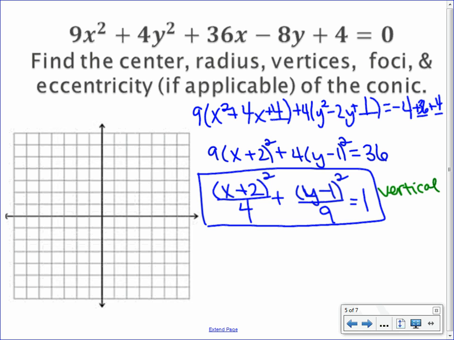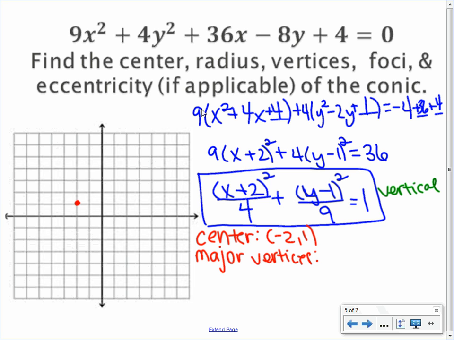Alright, let's identify everything. The center is where? Okay. Our major vertices, are they going to be horizontal or vertical? They're going to be vertical.